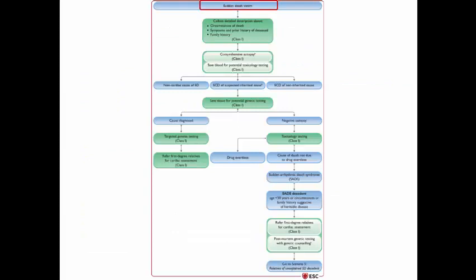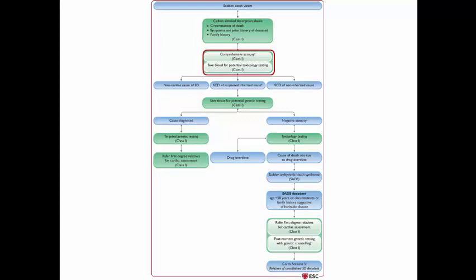If you are dealing with a sudden death victim, so we are speaking here about a deceased person, not a survivor, we need to check the circumstances of death, whether there were any symptoms or prior history of heart disease, whether there was any family history of sudden cardiac death before, or any family history of heart disease.